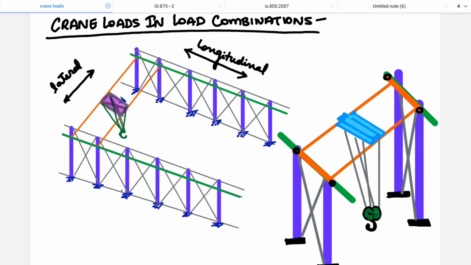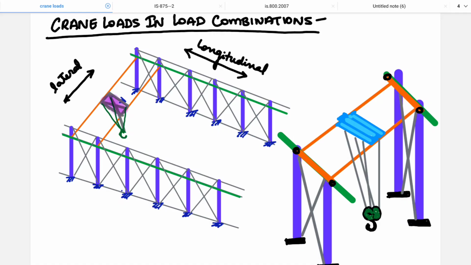So when we are doing an FE modeling of some building, some warehouse or any industrial building, and we are proposing cranes, we have to combine the various loads of the crane into the load combinations table. The load combination table is the one that we refer from IS 800, and from that table we include the various loads of crane.